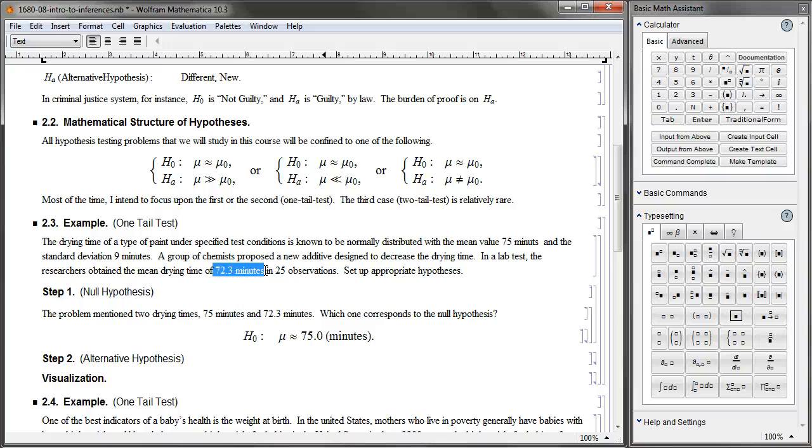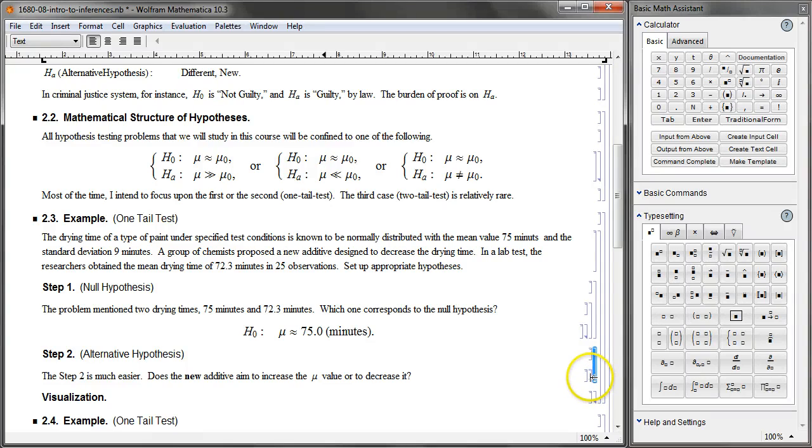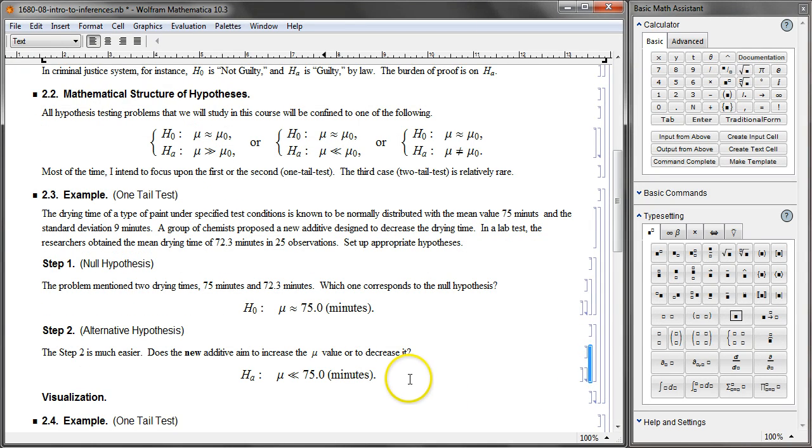So if you're a researcher, what would you suggest? 72.3 is certainly less than 75, so yeah, we're going to do less than 75. Of course, there's another piece of evidence here. A group of chemists proposed a new additive designed to decrease the drying time. So there's another indication that the alternative hypothesis has to be less than 75, or to tell the truth, a bit more precisely speaking, significantly less than 75.